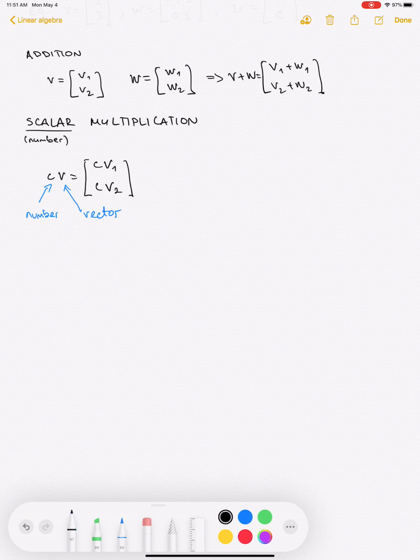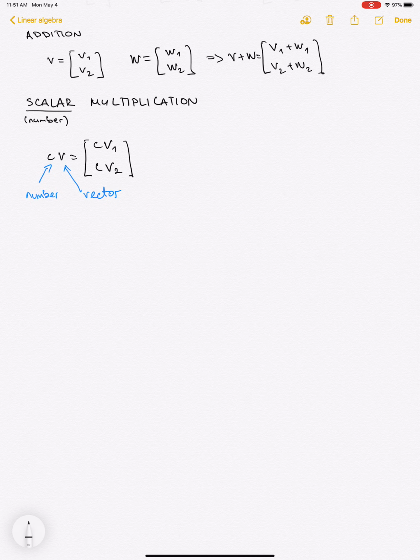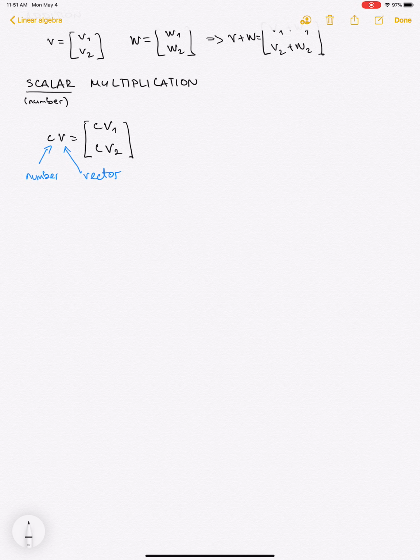It is important here to know that this is compatible with addition in the following way. If I chose C to be 2, I want to think of 2V as V plus V. It's the way we think of multiplying by numbers when we have unknown things, when we have variables. When we say 2x, we mean x plus x. If we have, for example, 5y, we mean y plus y plus y plus y plus y, five of them.